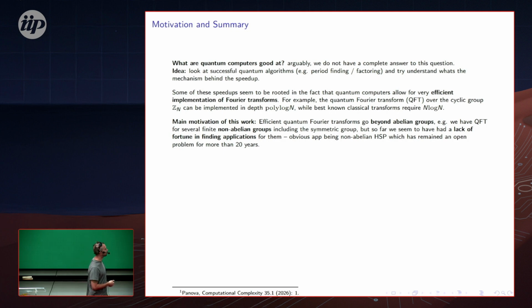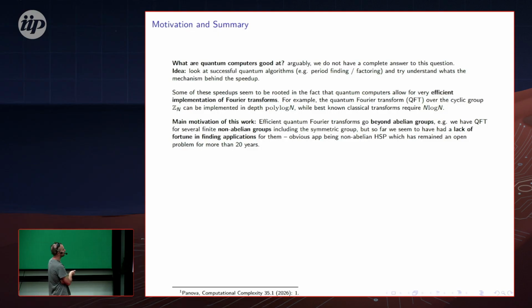There are also efficient quantum Fourier transforms over groups beyond abelian groups, for example finite non-abelian groups like the symmetric group, and so on. They are also efficient in log of the order of the group, and the best classical transforms are not efficient in log order of the group.